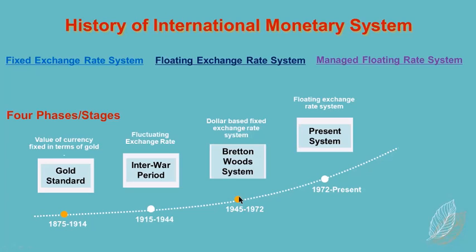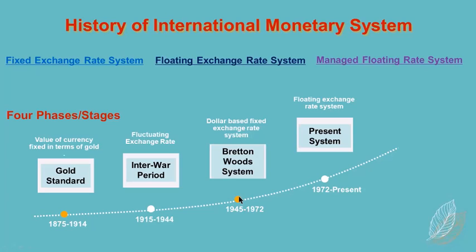So they were asked to fix a value considering the value to US dollar. And US fixed the value of the dollar to gold. So the initial peg was $35 is equal to 1 ounce of gold. That was the initial pegged value at that time. In 1945, $35 was worth 1 ounce of gold. That was the peg.